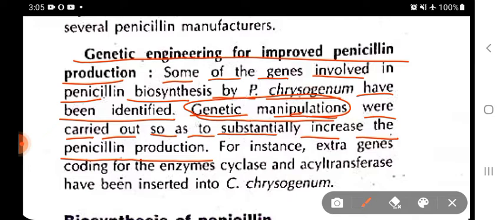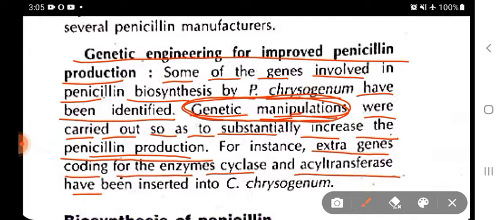So through genetic engineering, this much you remember, we are able to carry out a more modified process to increase penicillin production. For example, extra genes coding for the enzymes cyclase and acyl transferase have been inserted into Penicillium chrysogenum.